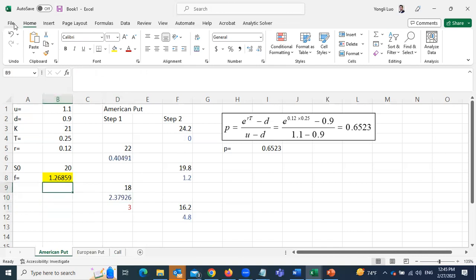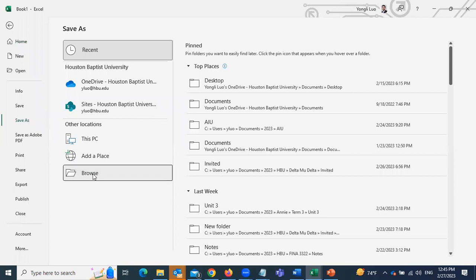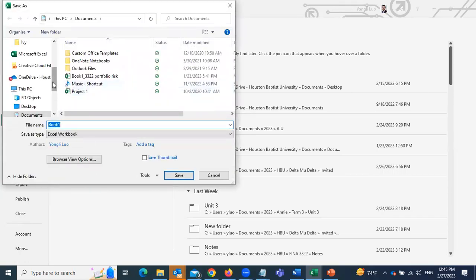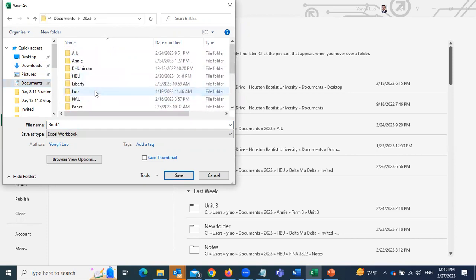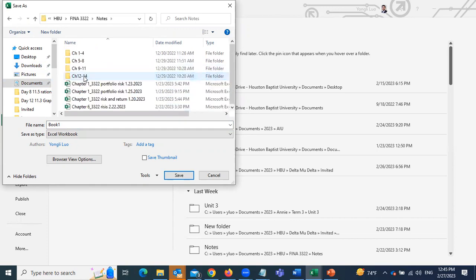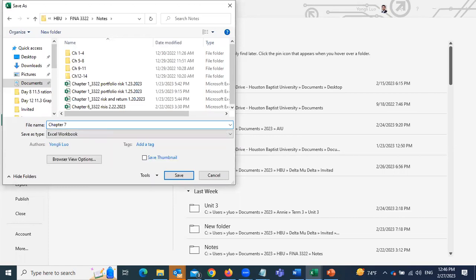Okay, so that's it. I save this file to my notes, 2.27, 2023.